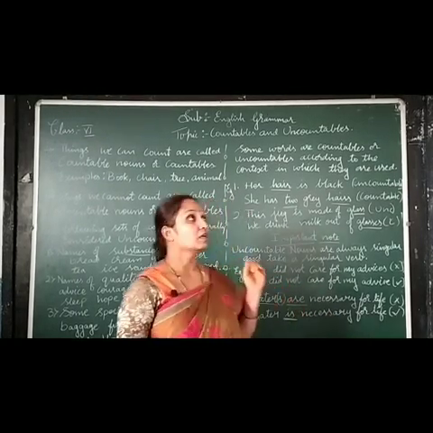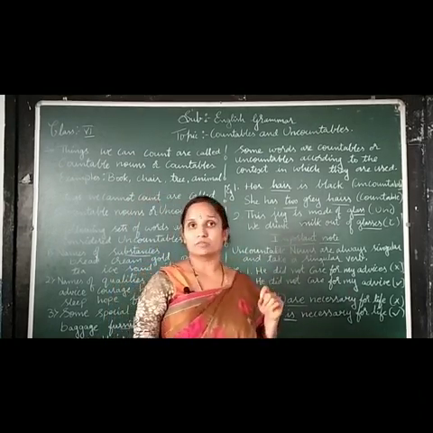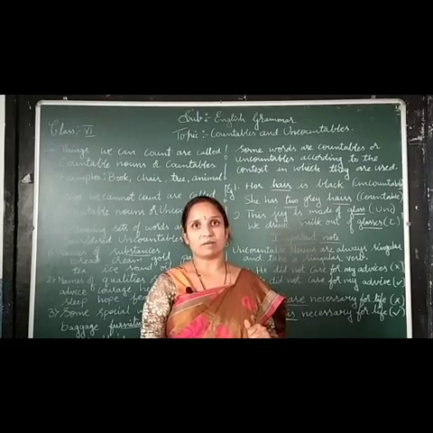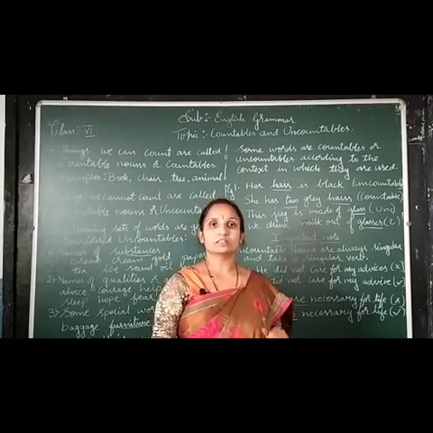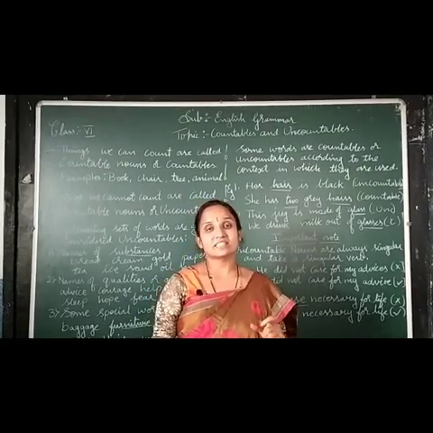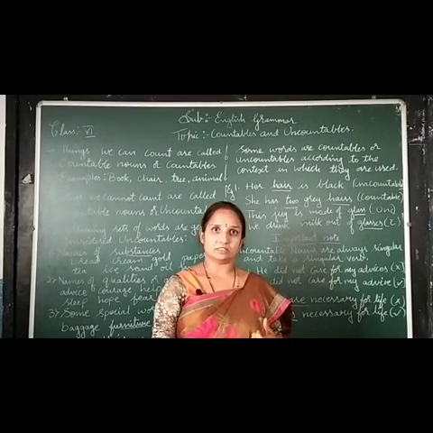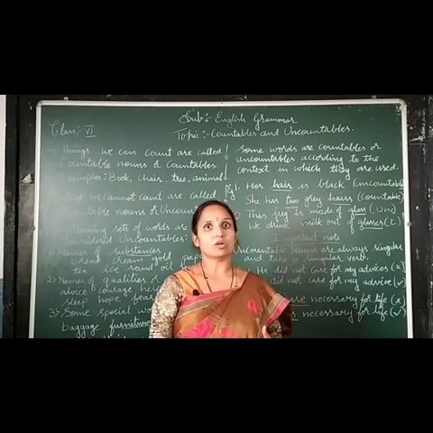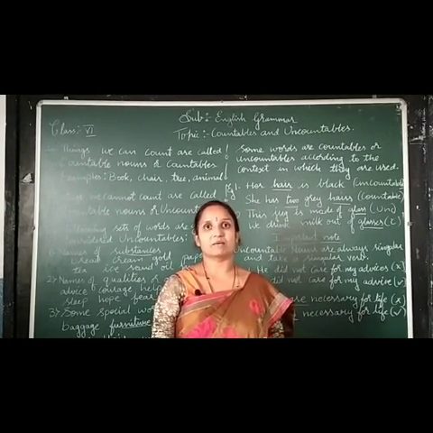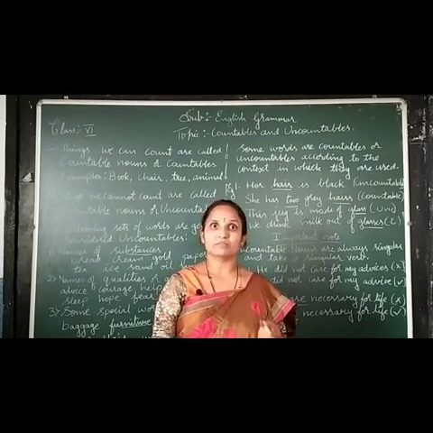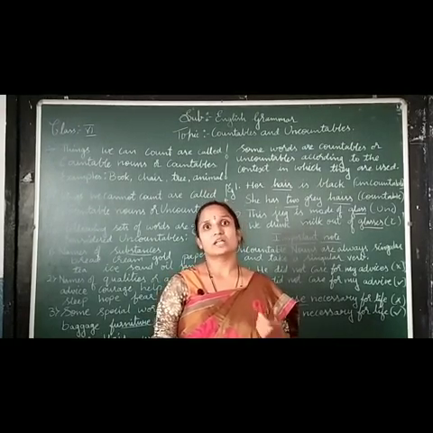This is about countables and uncountables, your first chapter in English grammar. One more thing, there are exercises. One exercise you have at the back of the lesson. Work out on this. Do the examples in the exercises and I will give you the solutions in the next class.